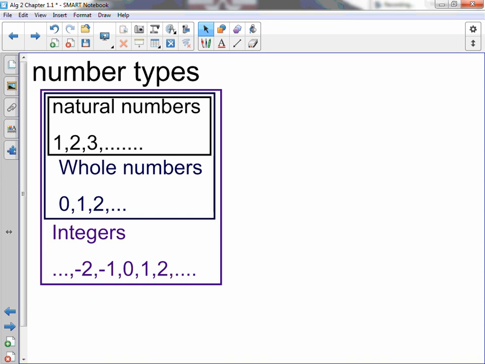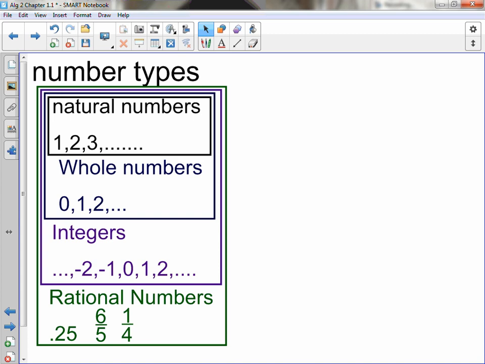Because is 2 an integer? Well, 2 is an integer. It's also a whole number, and it's also a natural number. Negative 2 is not a whole number or a natural number, but it's still an integer, yes? So as we go up, some are included, some are not. So we go with natural, whole, and integer so far. Yes?